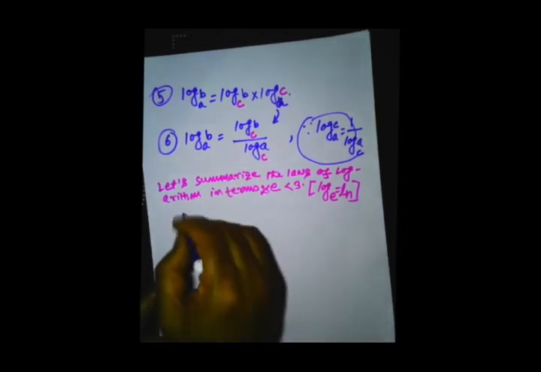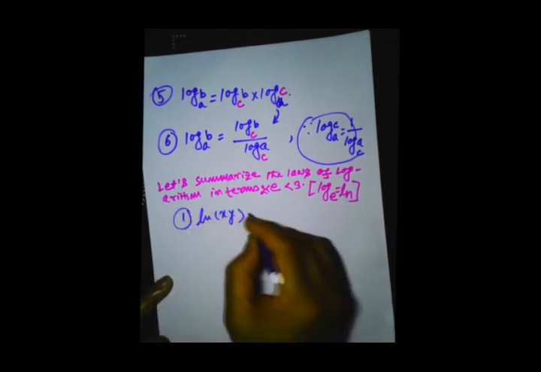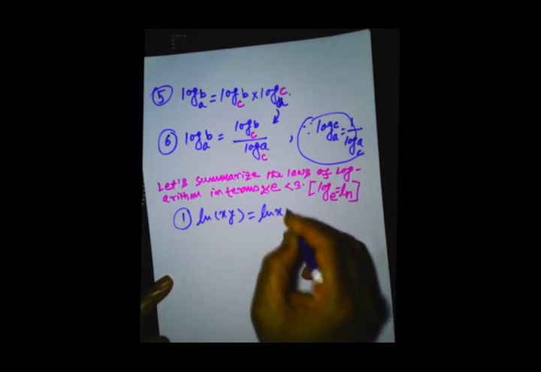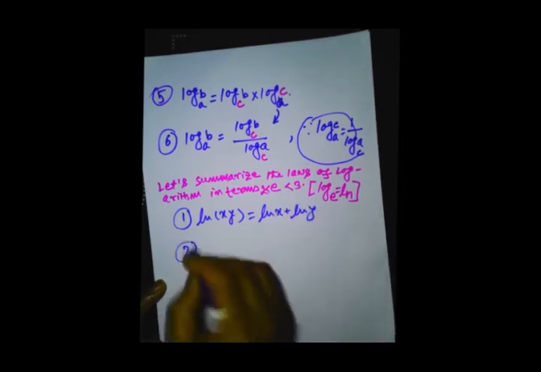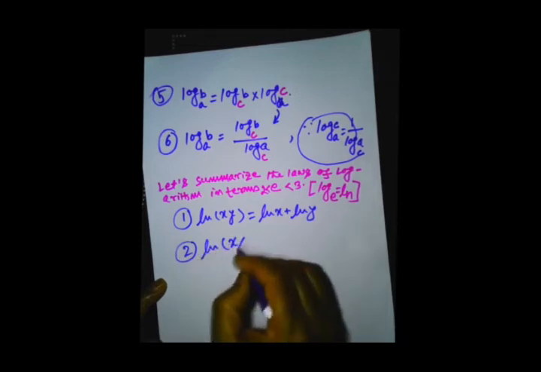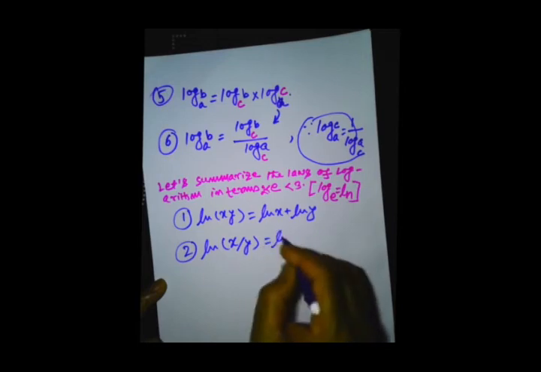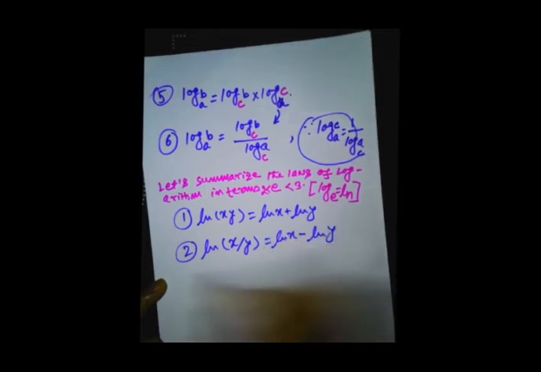First I am taking ln of xy, and then it can be written as ln x plus ln y. Similarly, ln of x divided by y can be written as ln of x minus ln of y.